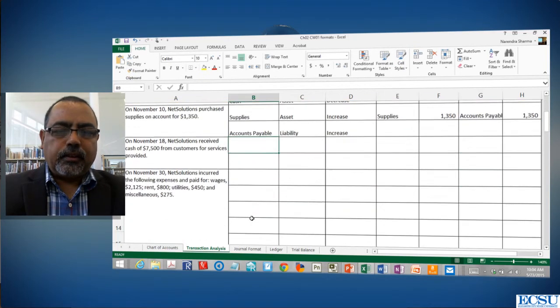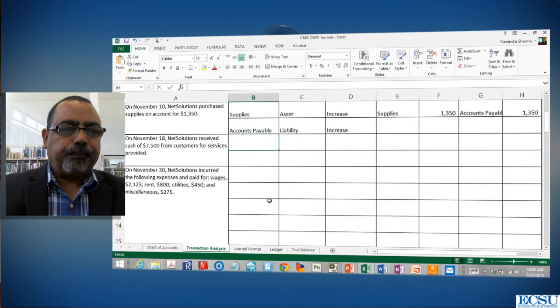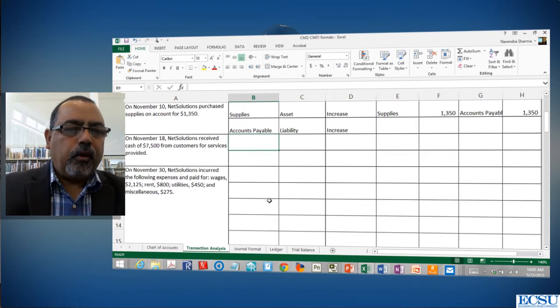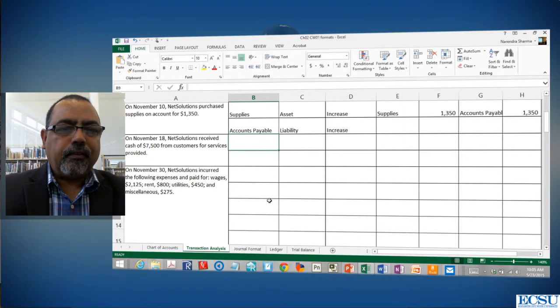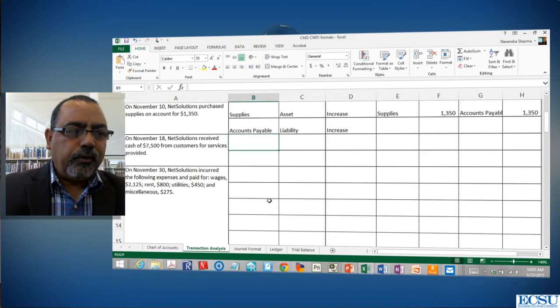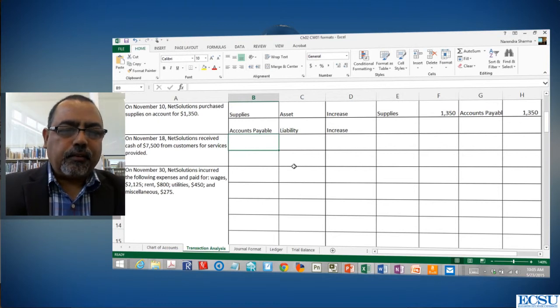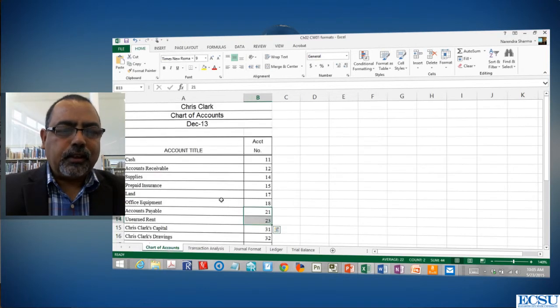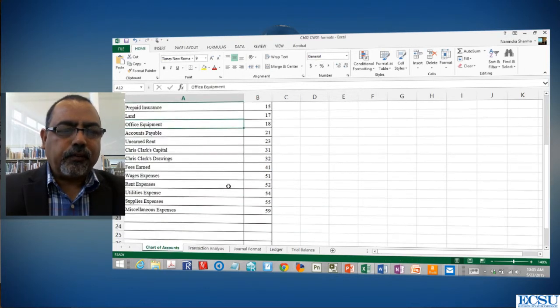All right, now let's take on to the next one. Number 18, Net Solutions received cash of 7,500 from customer for service provided. Okay, so when you receive a cash, and for what you're receiving, for services provided. Now we'll have to go to the chart of account and see what revenue they are using.